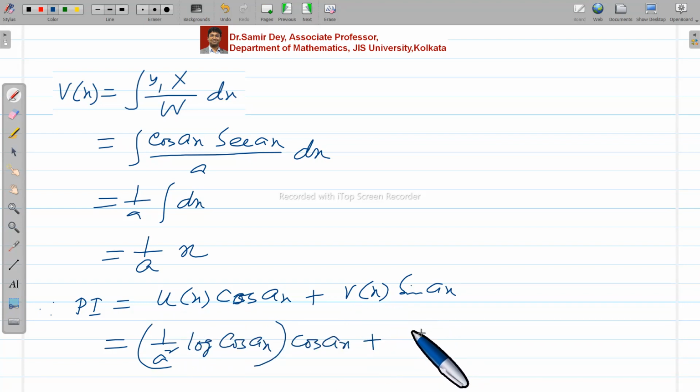Now what is your v(x)? v(x) equals 1 by a into x sin ax. I think it is clear. Now our PI part is over. Only one line is left, so please write down. Shall I move to the next slide? I have just substituted the u part and v part, and we have mentioned them within brackets, correct?